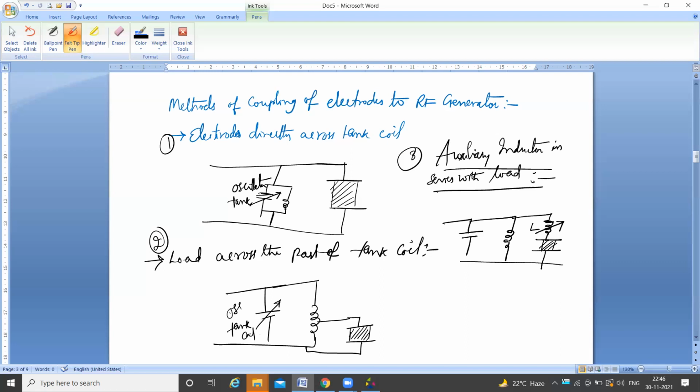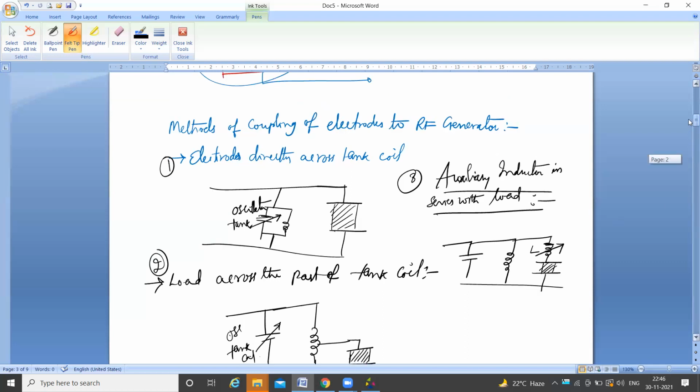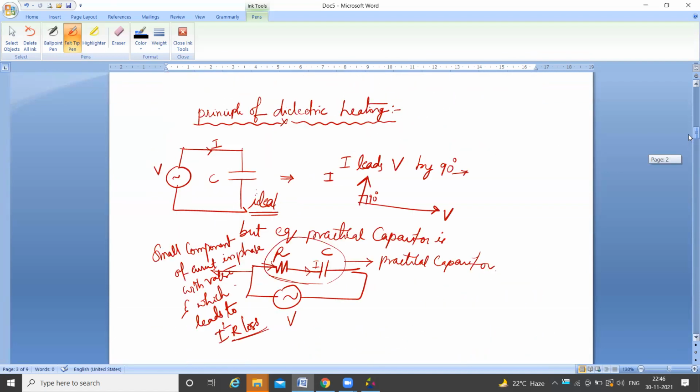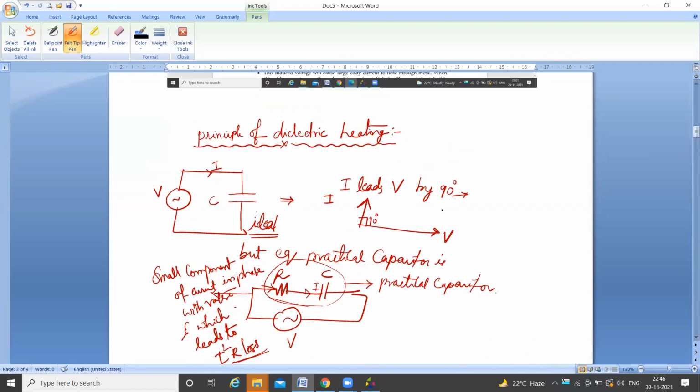And first we have seen that when a voltage is applied to the capacitor, the resulting current through the capacitor leads the voltage by 90 degrees. But in a practical case, a small component of current is in phase with the voltage, which leads to I squared R loss.